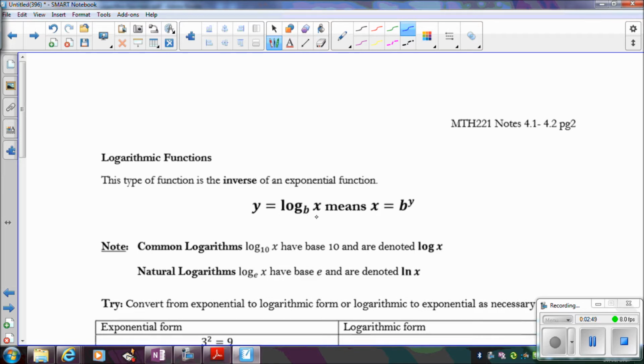If I want to convert into its equivalent exponential form, the saying that I'll tell people to help remember is: drop the log, swing the base. So that's how you can convert from one form to the other.